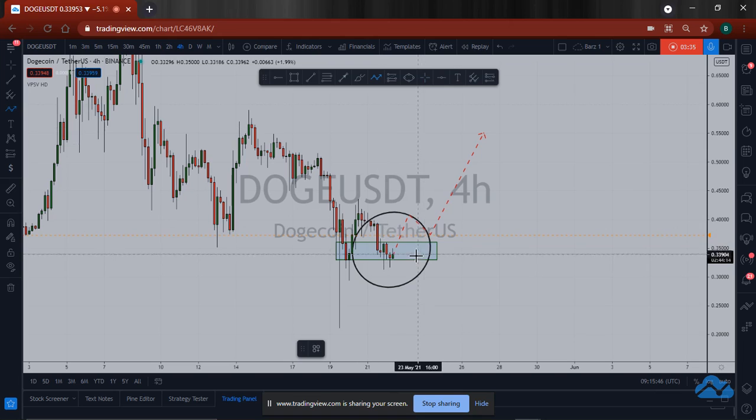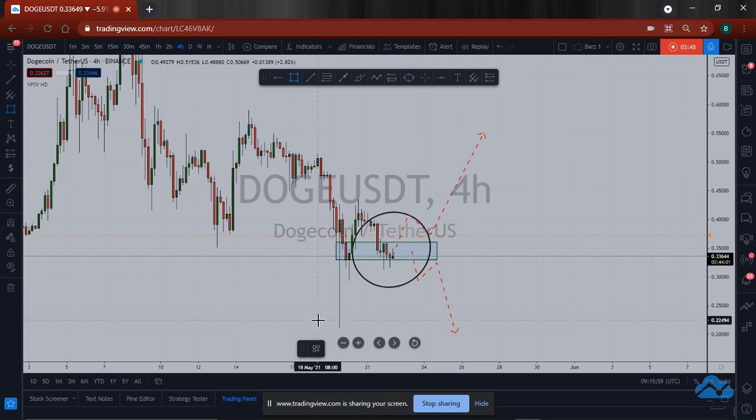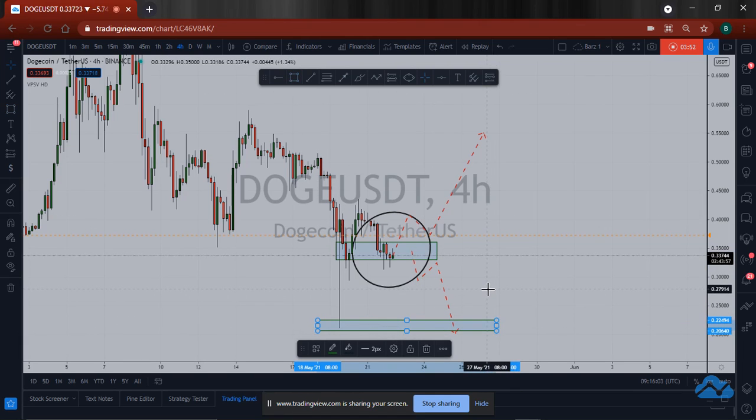However, if price breaks below this level of demand, then we could expect a retest and a further sell to the downside, at least going back to test this level of demand that we had already identified on our daily time frame. So this is what I expect on DOGE USD.